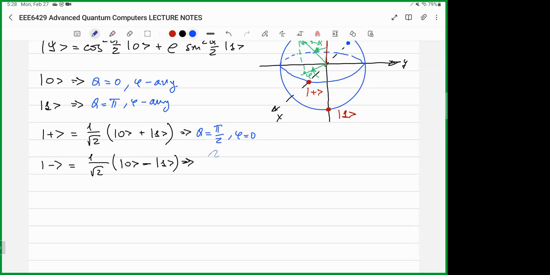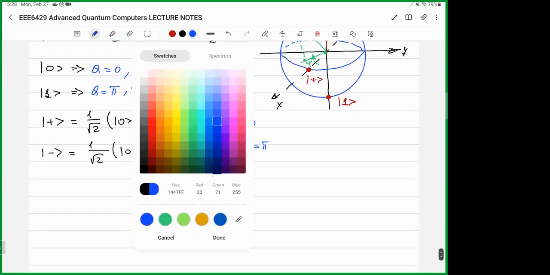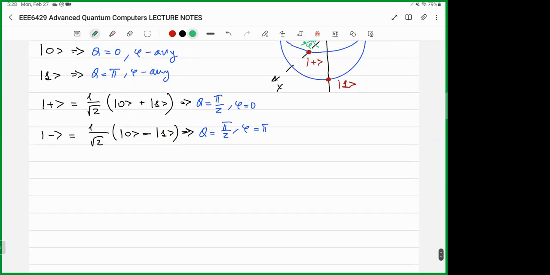Again, theta must be equal to pi over 2, but phi is supposed to be equal to pi, because I remind you that there is Euler's formula, e to the power of i phi, which is equal to cosine phi plus i sine phi.